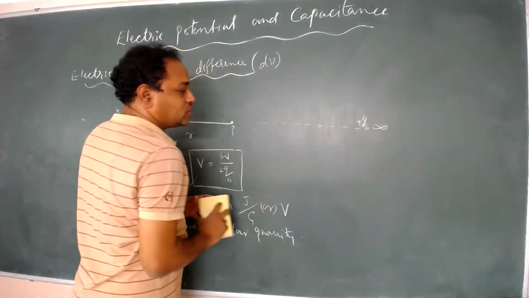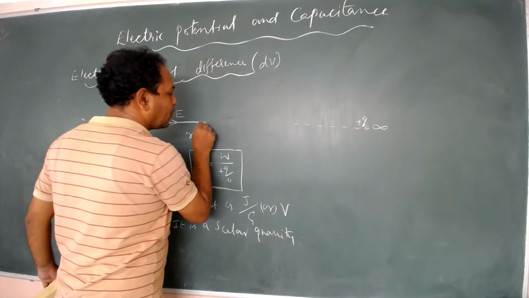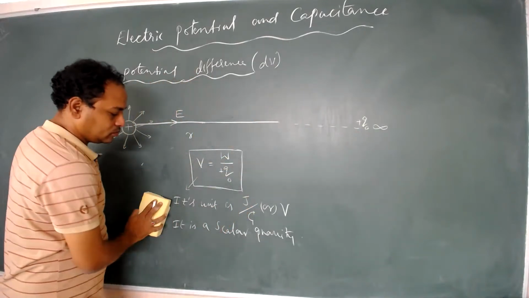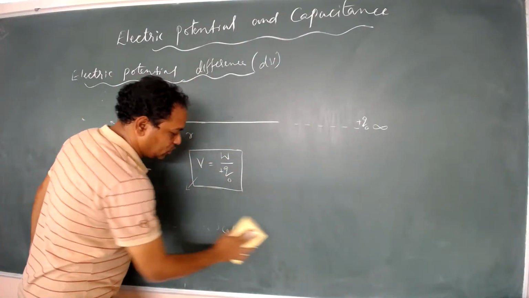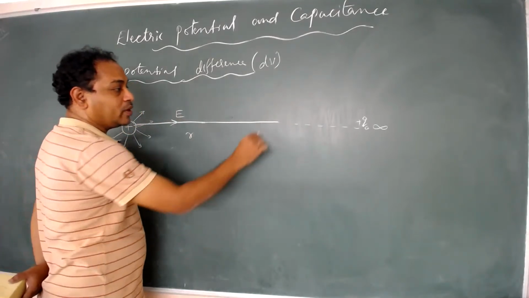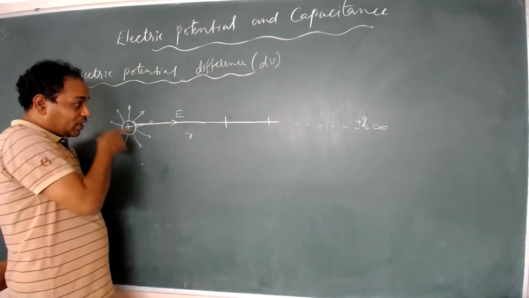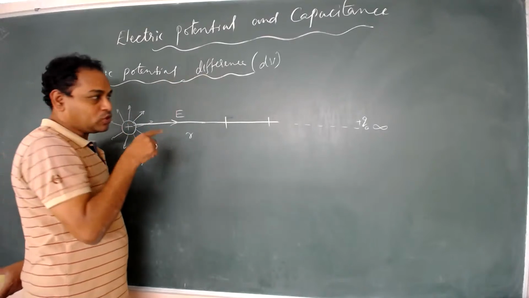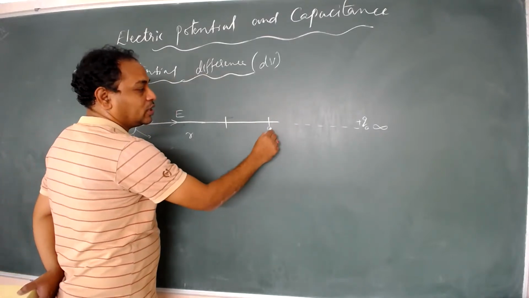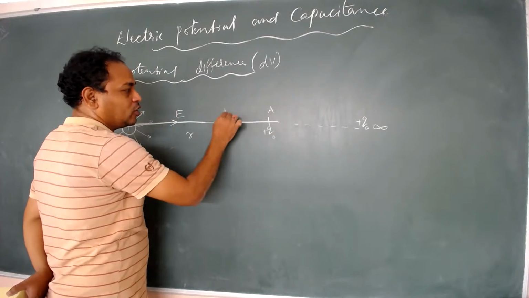Suppose the same charge I am bringing from one point to another point against the electric field. Electric field is in this direction. Suppose I am bringing a charge Q naught from here to here, say from A to B.